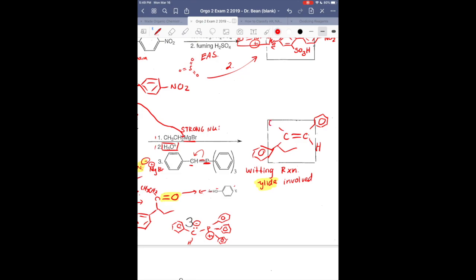So this is a very selective way to form double bonds, more selective than E2 even. So we end up with that. Now, in terms of our stereochemistry, what did I put our stereochemistry as for our product? Is it trans or is it cis?